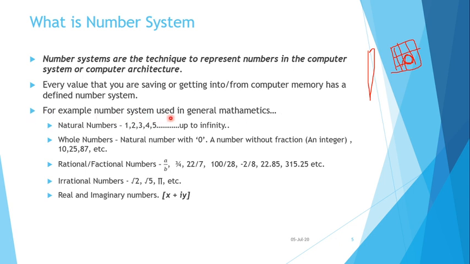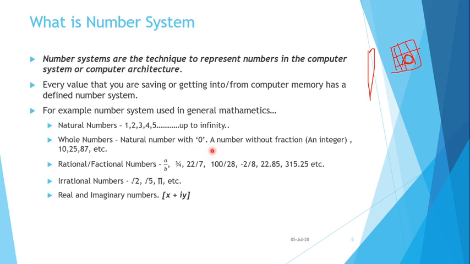Now before going to the number systems available for computer system, let us see what number systems are used in general mathematics. So we have natural numbers starting from 1, and 1, 2, 3 goes up to infinity, right? Then we have whole numbers. Whole numbers are nothing but natural numbers with 0, starting with 0.